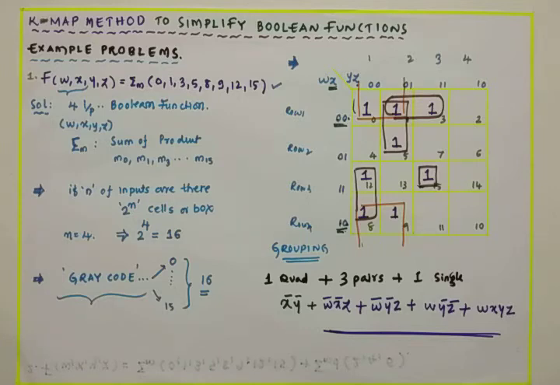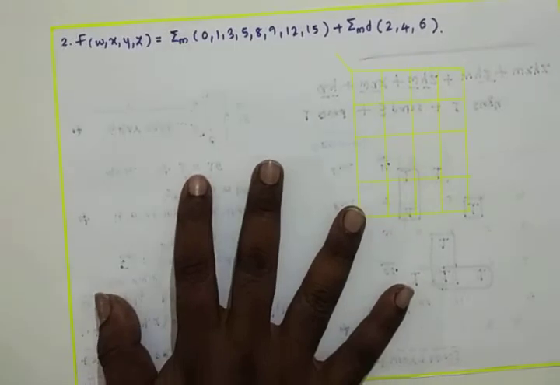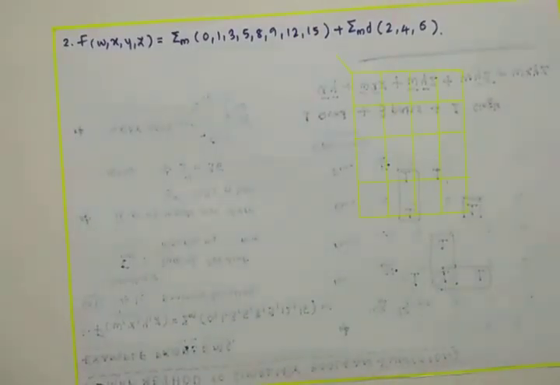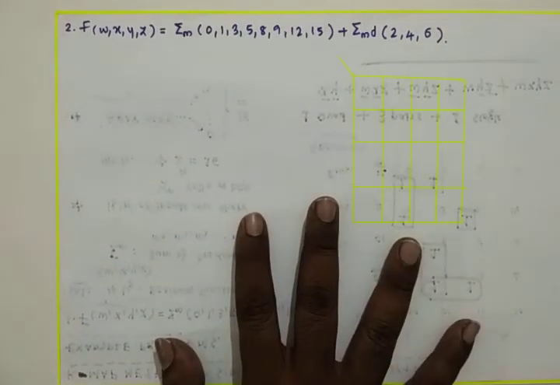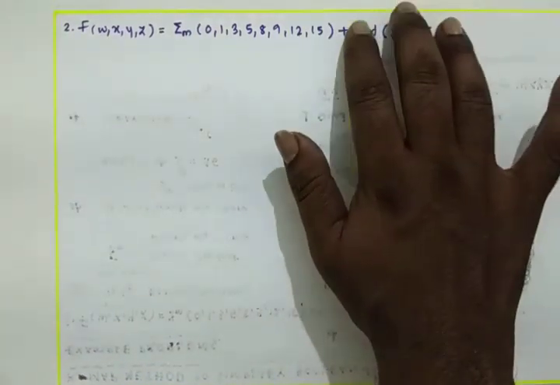Now we are going to see another type of K-map method, by making use of the don't care condition. So far we have seen up to this part only.